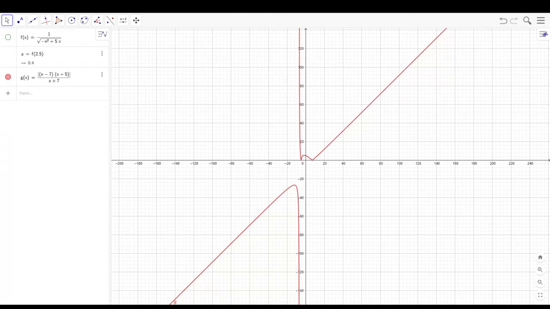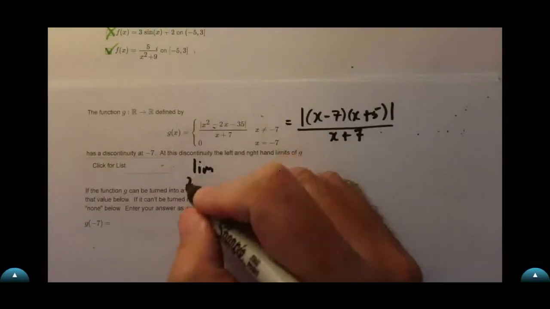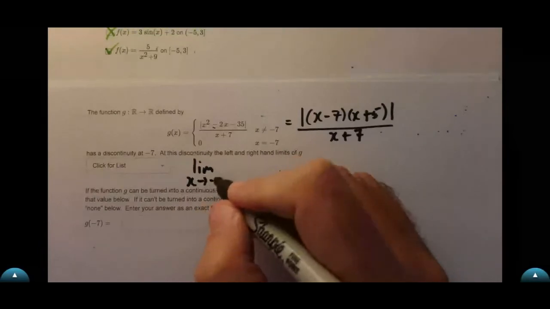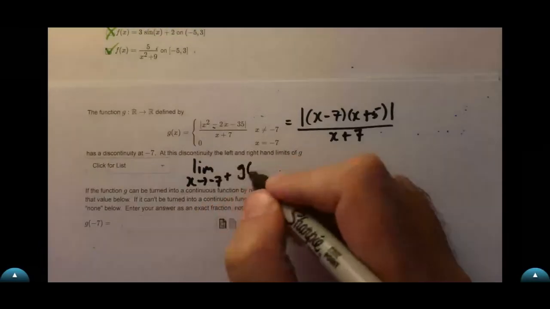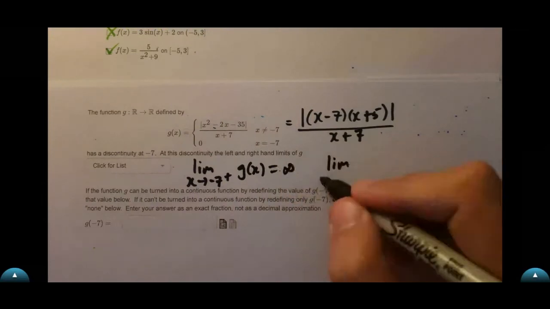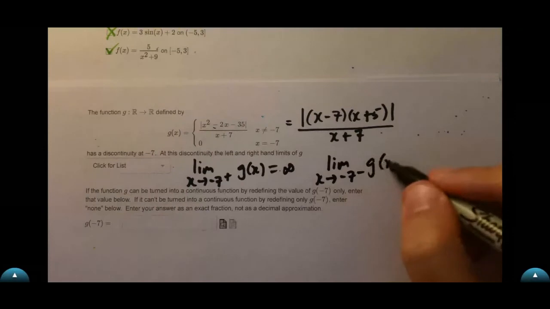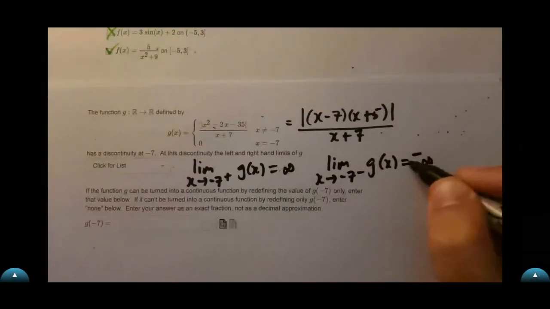So if I go back to the question, I'm not sure what you actually get here, but the limit as x approaches -7 from the right is positive infinity, and the limit as x approaches -7 from the left is -infinity.